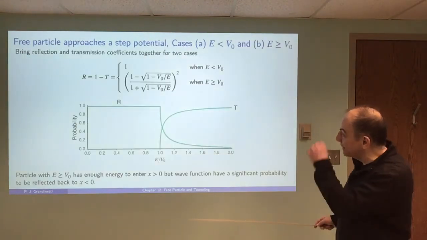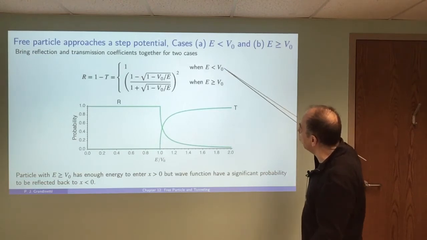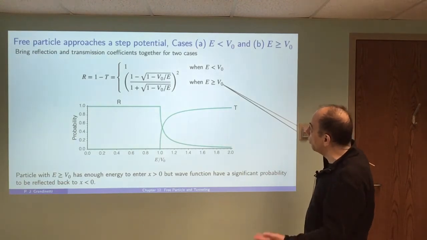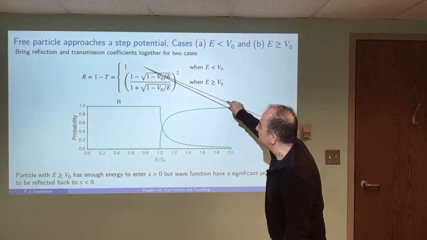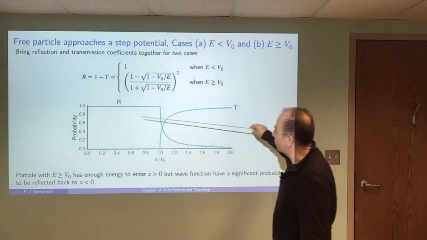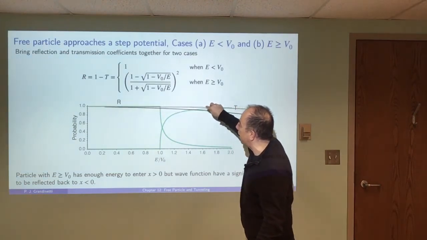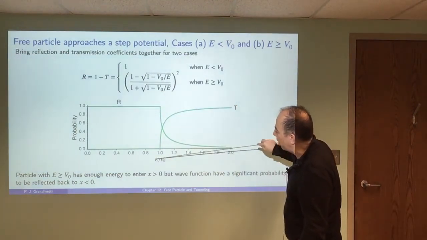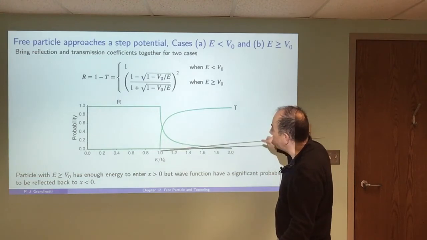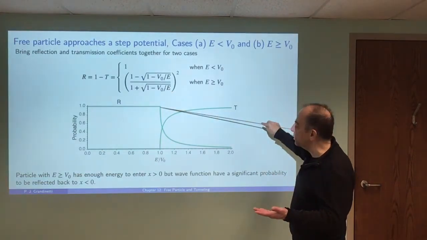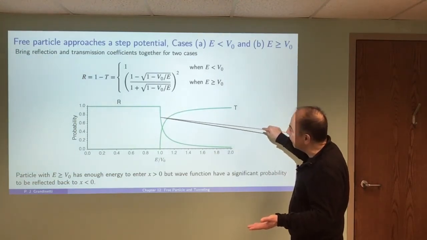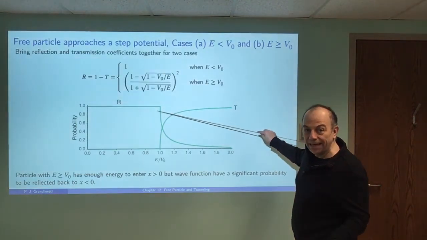But I can actually plot this. So we have the two cases that we solved. First, we solved the case when it didn't have enough total energy, and then we solved the case when it had more than enough total energy, and this is what we get for the expressions for the reflection coefficient. Here we see the reflection is completely 100% until we reach this point where the total energy over the potential barrier energy is 1, and at that point we start to have more energy than the barrier to overcome the barrier, and so you can see that the reflection starts to drop, but it doesn't go immediately to 0.